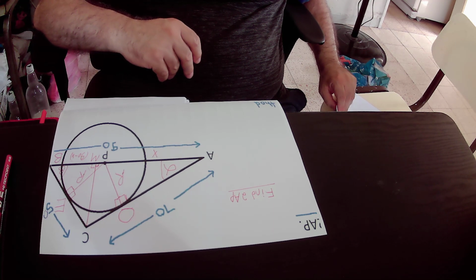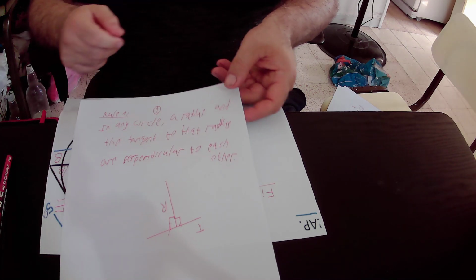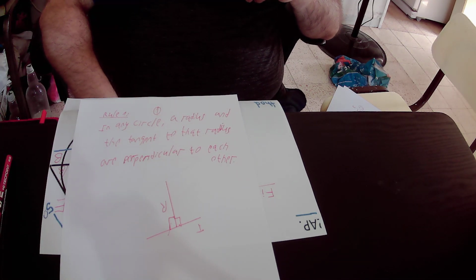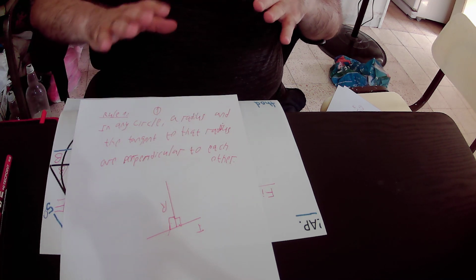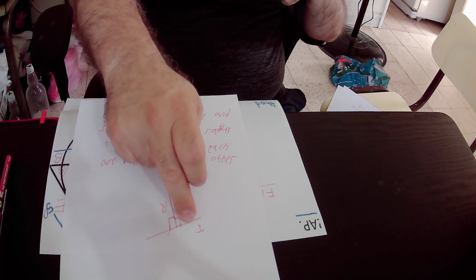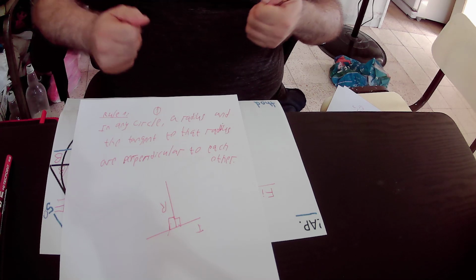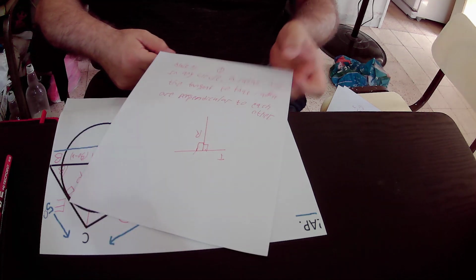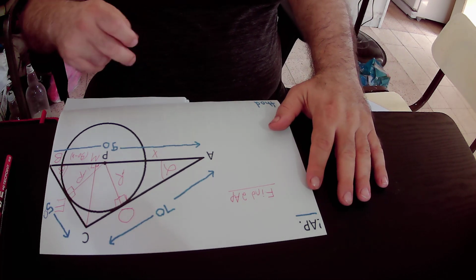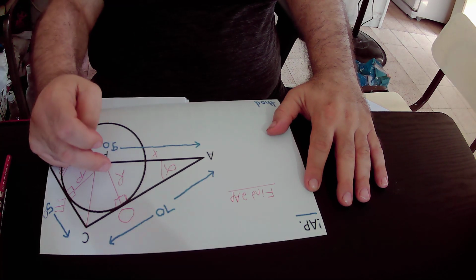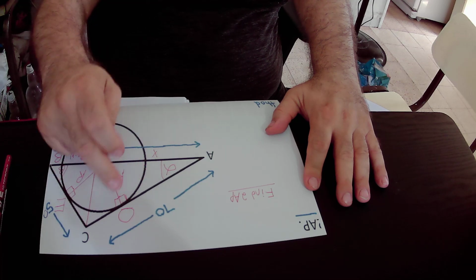So we have a rule that states that in any circle a radius and the tangent to that radius are perpendicular to each other. So this angle is 90 degrees and this angle also is 90 degrees. We can implement this rule in our circle because we have radius PO of the circle and we have a tangent to this radius.